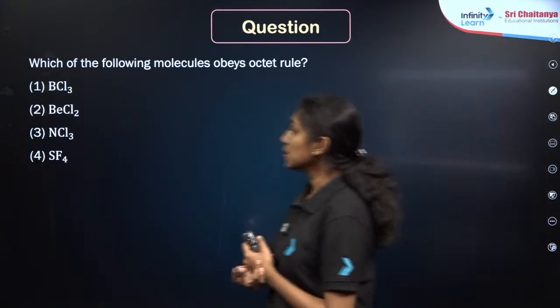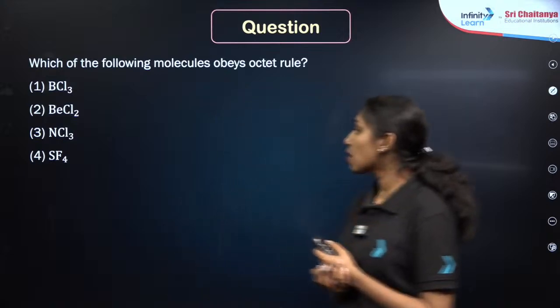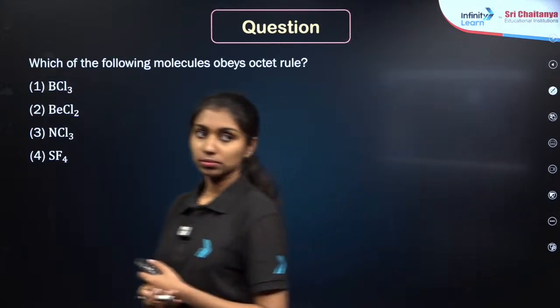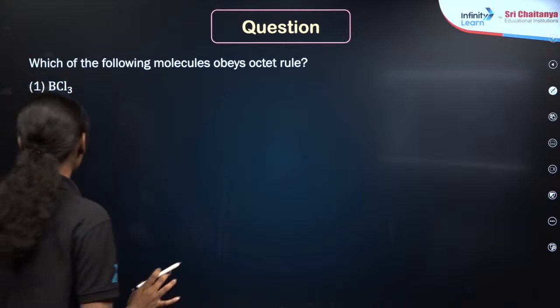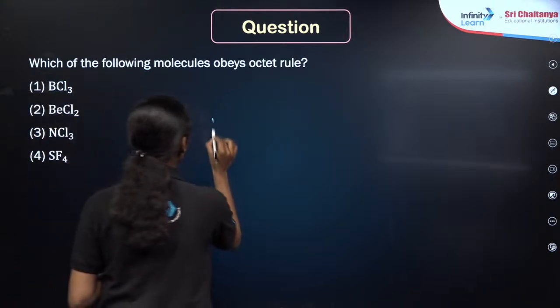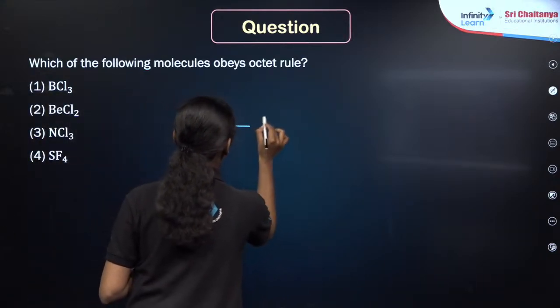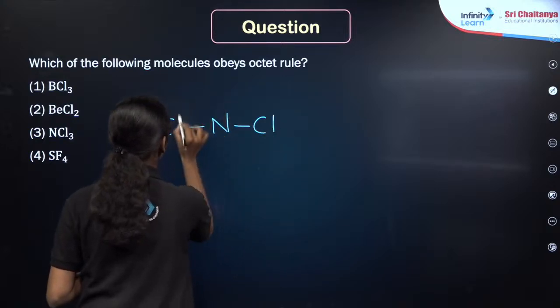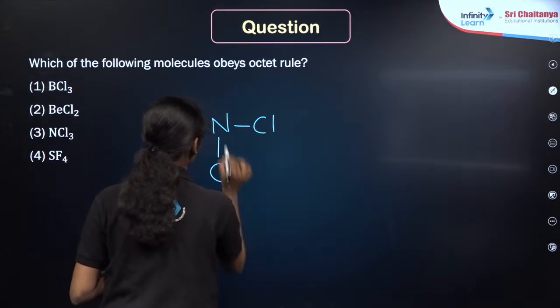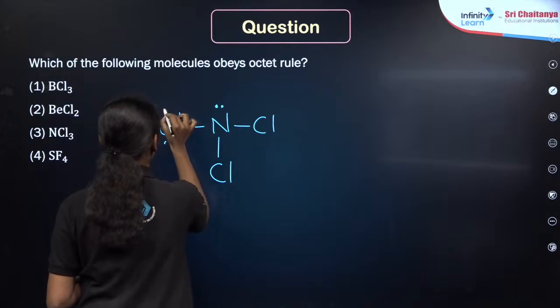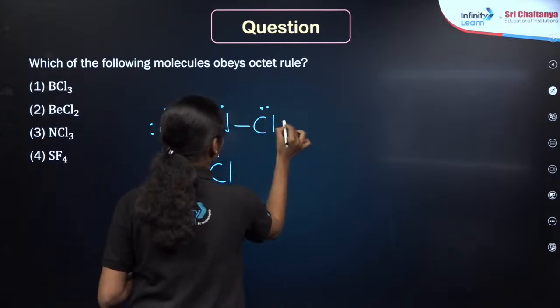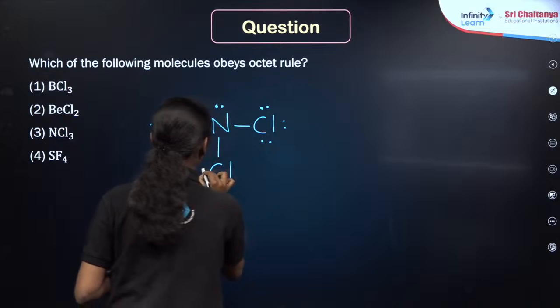Okay, here is the next question. Which of the following molecules obeys the octet rule? Again, to draw the Lewis dot structure, you will get NCl3.